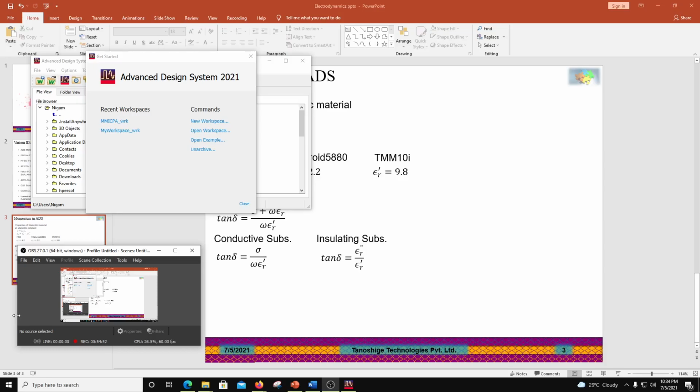Now for the chips, IC chips, I'm going to start with a typical gallium arsenide process, right? And there I'm going to simulate passives and then various components you can make from those passives. So that I'm going to do on momentum, okay, in ADS. Okay, and then as far as the boards are concerned, you can do RF boards.